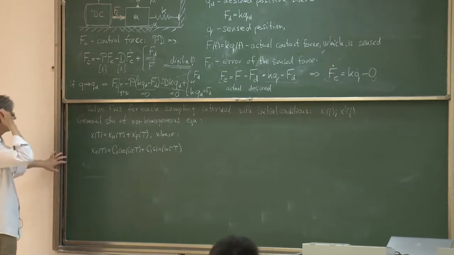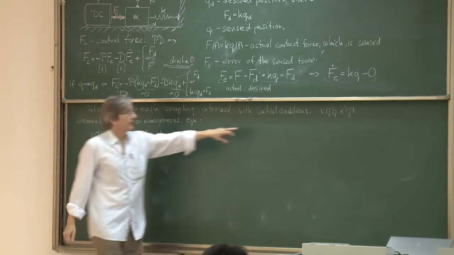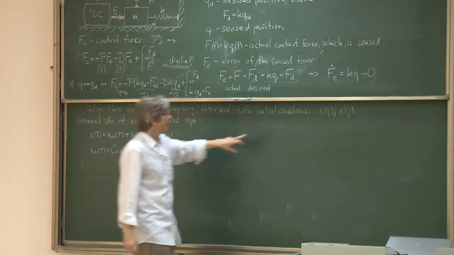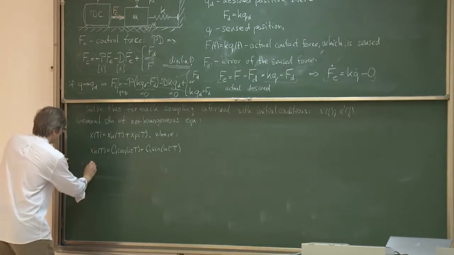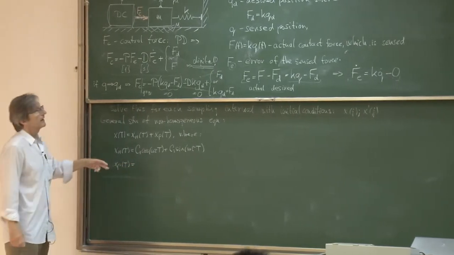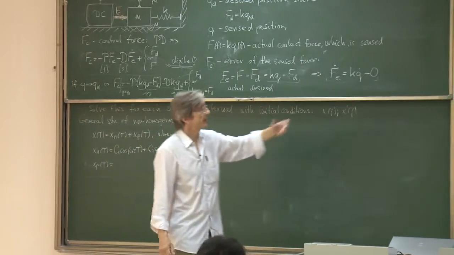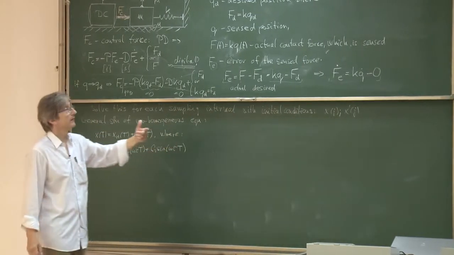Okay? And then C1 and C2 will come from the two initial conditions. And then the particular solution, since the right-hand side is constant, the particular solution will be constant, okay?